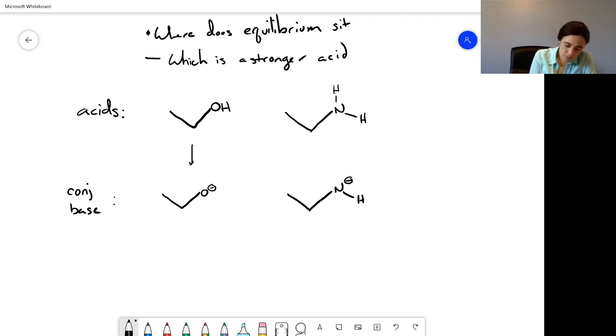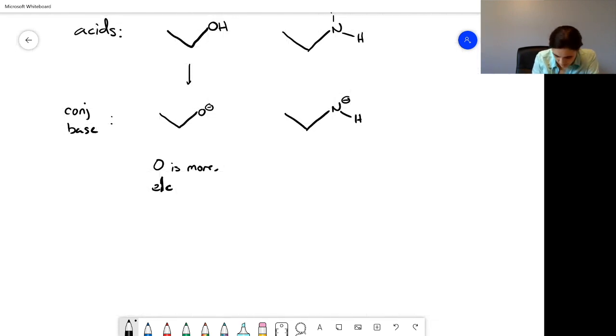So hopefully by now you can quickly look at this and say that oxygen is more electronegative than nitrogen. So oxygen is more electronegative, which means that it's going to be more okay with that negative charge. It's going to be able to stabilize that charge better.